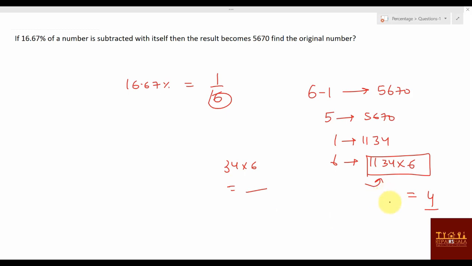And SSC has not reached that level that they will give you the last 2 digits also the same in 2 options. So how you can find this? This is 180 plus 24, that is 204. So last 2 digits will be 04. Directly don't simply multiply and waste the time. Always use your options. No one is going to check how much you are good at multiplication.